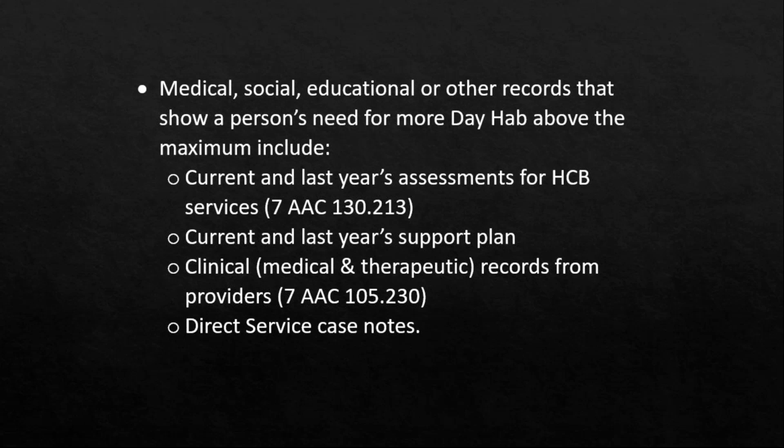Could be clinical records from providers, medical providers or therapy providers. And it also could be direct service case notes. So all those things are things that can tell that story. Those are all documents that can tell that story of need.